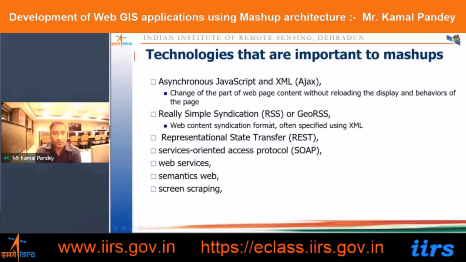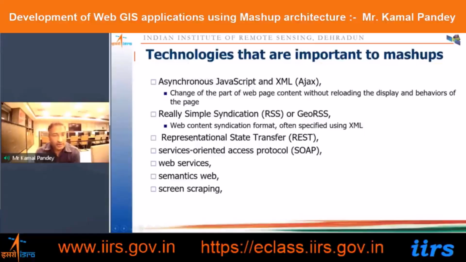Often the data exchange happens through XML only. I am fetching the data from the source website in XML format and reproducing the same information in my website in my own style. It can be in HTML form or some other visualization form that can be displayed there. So GeoRSS is another aspect of it.